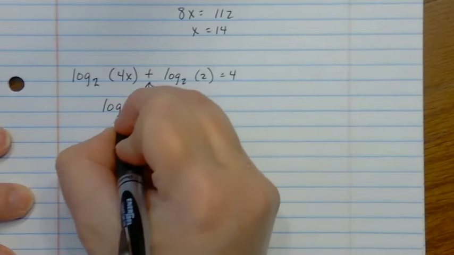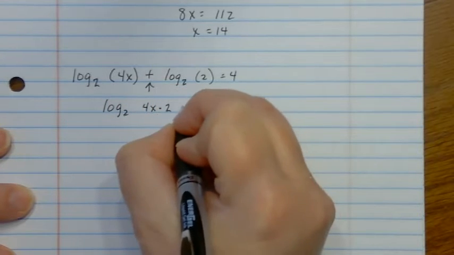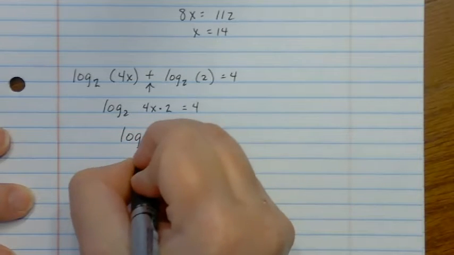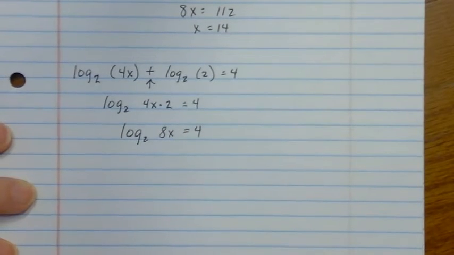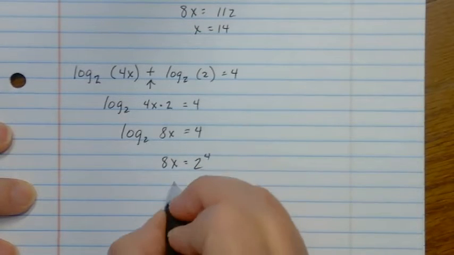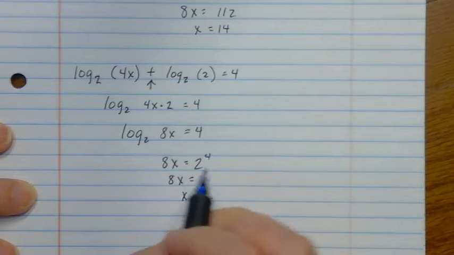So I'll have log base 2 of 4x times 2 equals 4. So this is log base 2 of 8x equals 4. Then I turn it from a logarithm to an exponent: 8x equals 2 to the 4th, or 8x equals 16, so x equals 2.